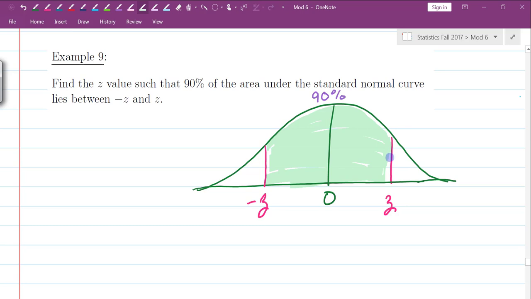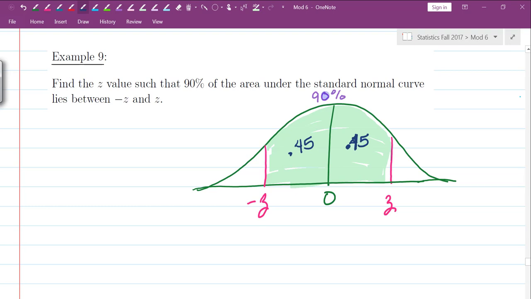That means I have 0.45 on this side of the curve and 0.45 on this side of the curve. 0.45 on each side, because 0.45 plus 0.45 gives me my 90%.